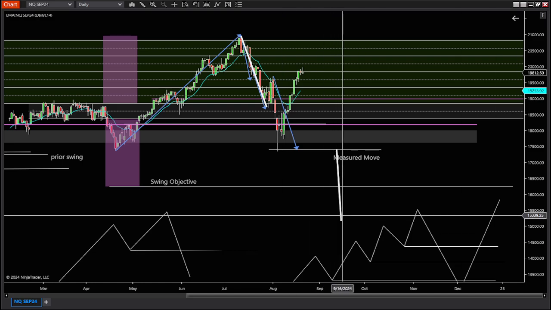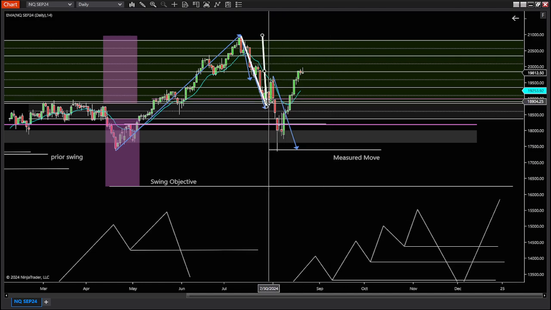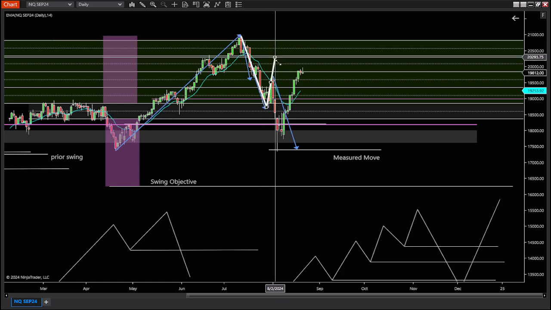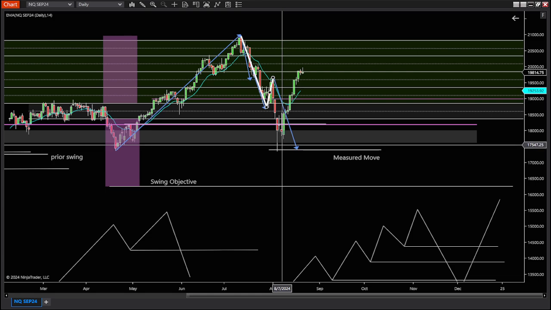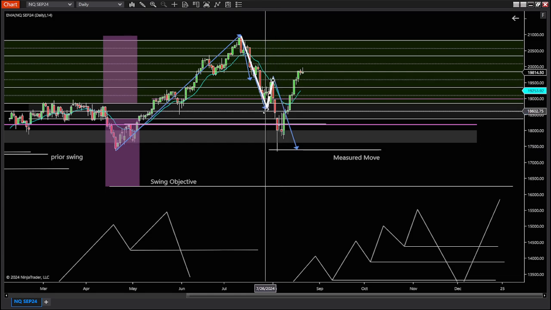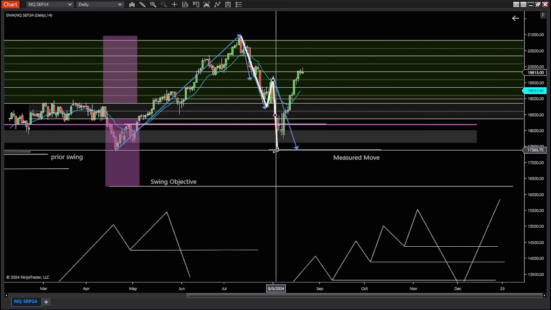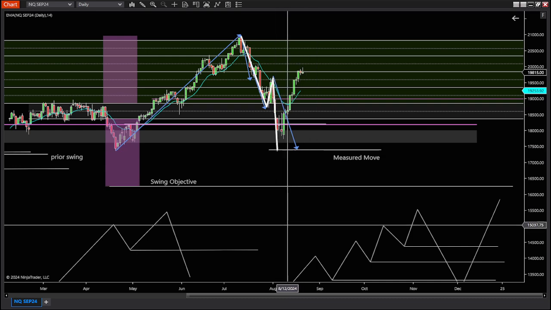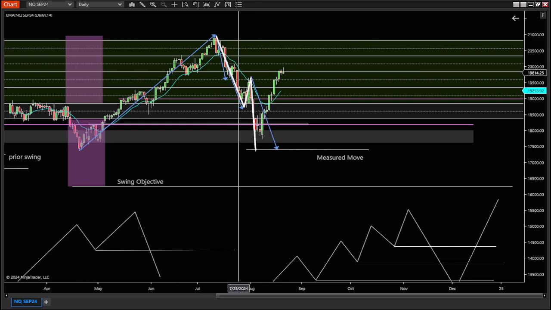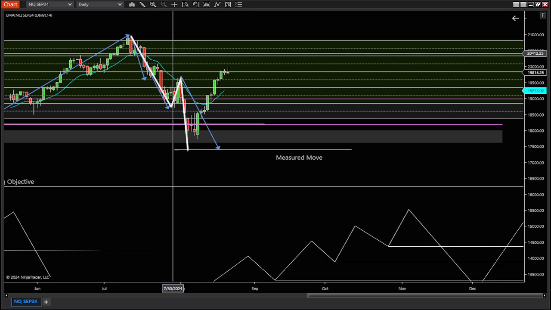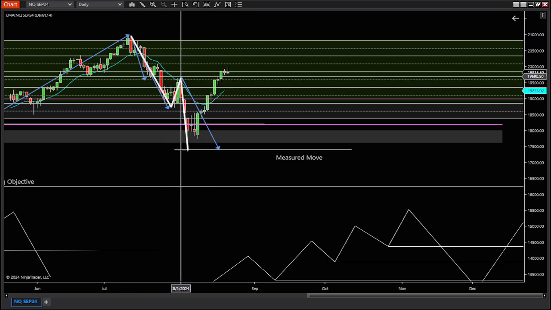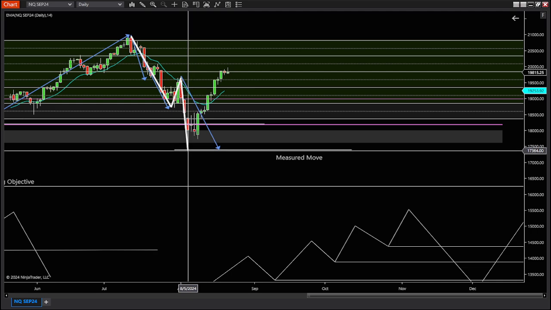Then we have our pullback to right here. Now we have our lower low. See that? See the white lines? Strong move down, pullback, lower low.